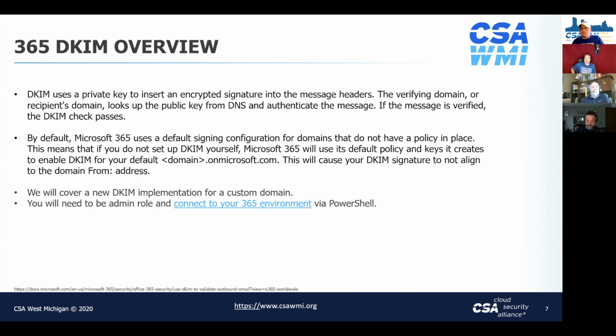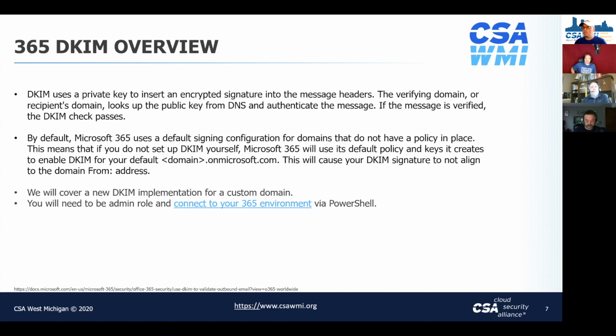So if you have a custom domain set up, like CSA.WMI.org, your signature is not going to align because it's going to look like it's coming from .onmicrosoft.com instead of CSA.WMI.org. So you will want to make sure that you're setting up your own entries if you need beyond the default configuration.